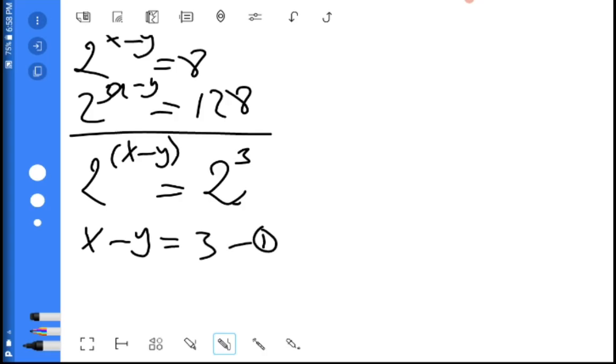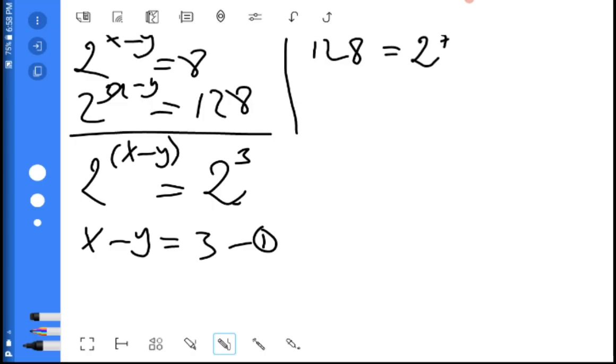All right. Then now the next equation that we had is 2 raised to the power 3x minus y equal to 128. I want you to also know that 128 can be written as 2 raised to the power something, which is 2 times 2 times 2, and 2 multiplies itself 7 times to give 128.